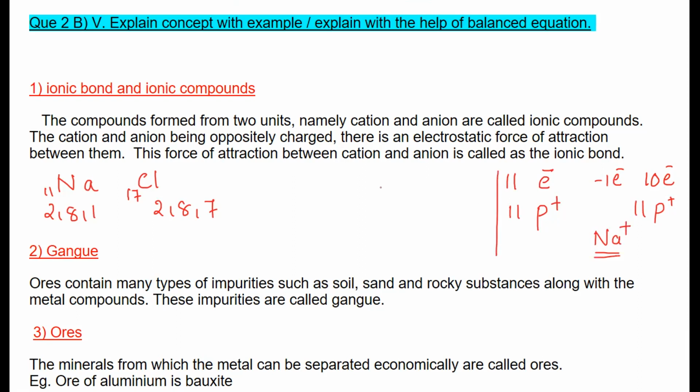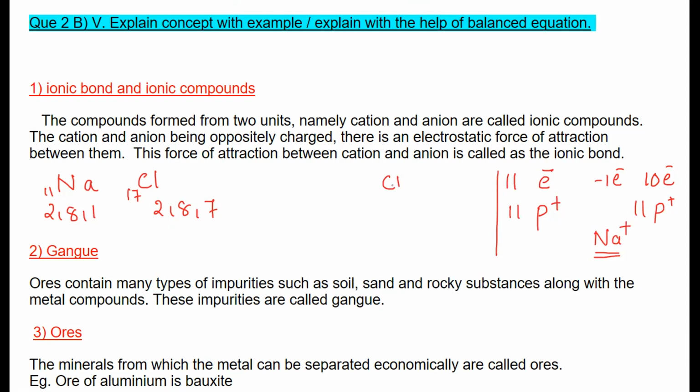Now in the case of chlorine, the atomic number is 17 and the electronic configuration is 2, 8, 7. If it gets 1 more electron, it will have 8 in the outermost shell and it can satisfy its octet. So chlorine will receive the 1 electron lost by sodium.